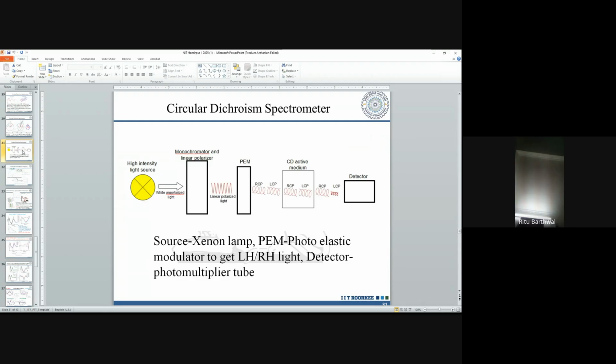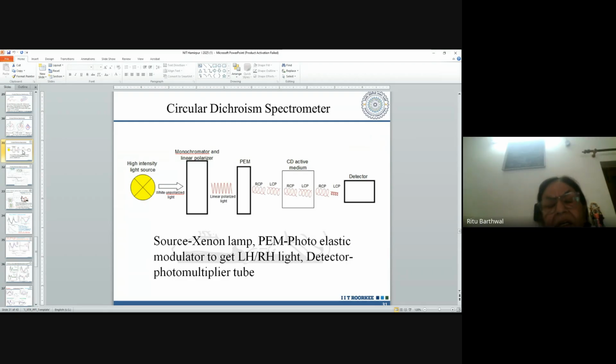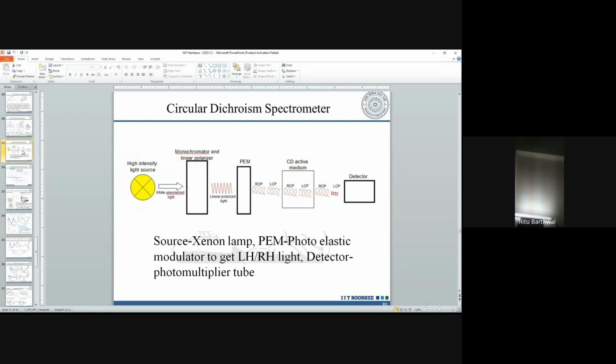So this is a detector, which is again a very sophisticated photomultiplier tube. Also, we use some charge coupled devices. So the extra things that you have compared to absorption spectroscopy are the polarizer and this photoelastic modulator. Otherwise, same xenon source, detector, and your cells. This is the instrument.